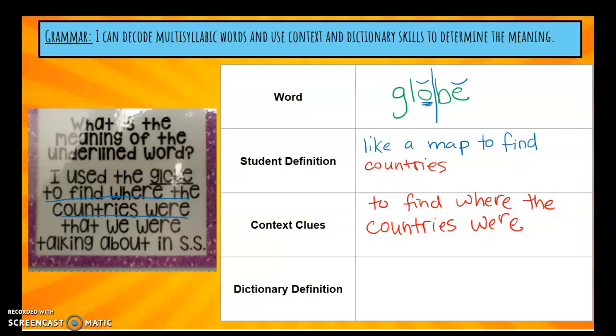G-L-O. Okay, so these are my definitions. Ball or sphere. Okay, so that doesn't really help me find any countries on a map, so I don't think that's the right definition.